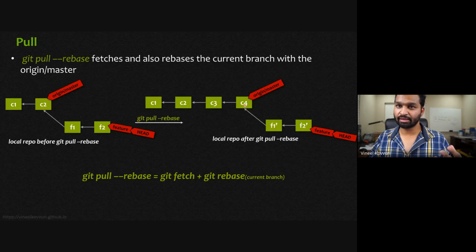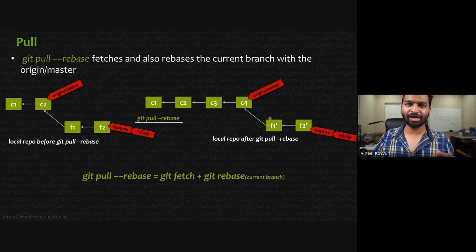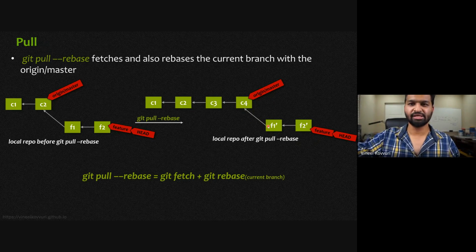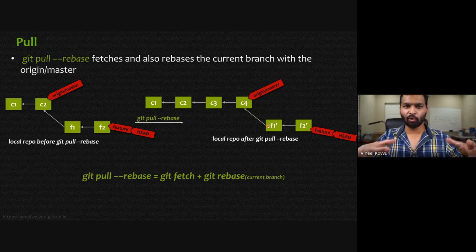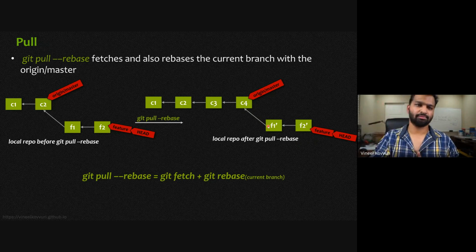And by the way, once your changes are updated on top of the latest changes, remember, this is still a copy that is sitting on your local machine. This is not yet present in GitHub. So it's like you are updating your local feature branch copy. Ultimately, you have to do the git push command that we saw earlier to push these changes to GitHub.